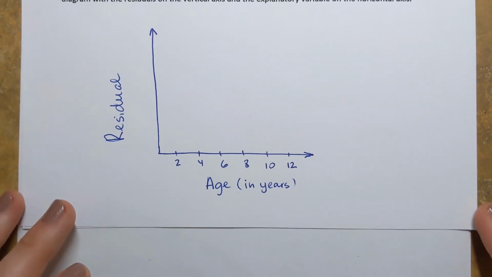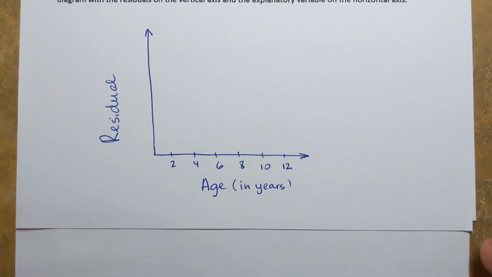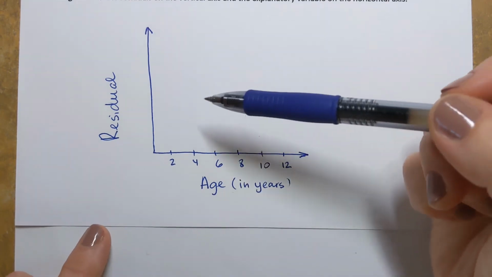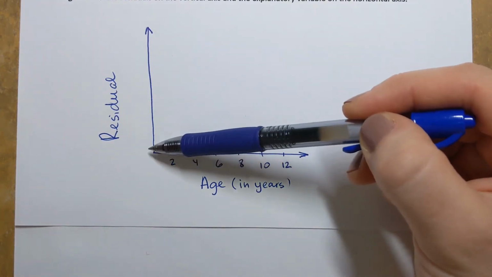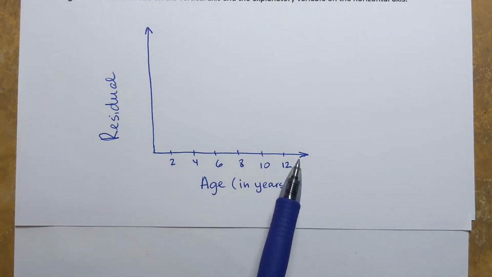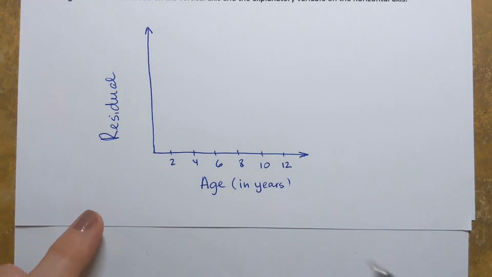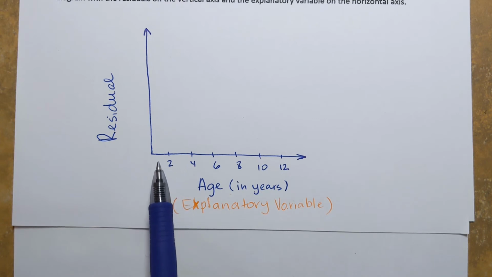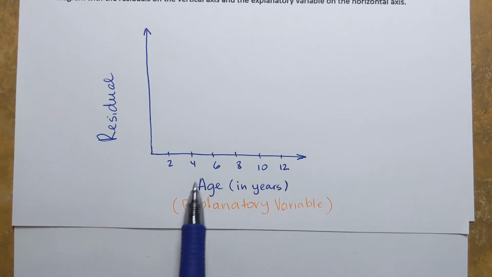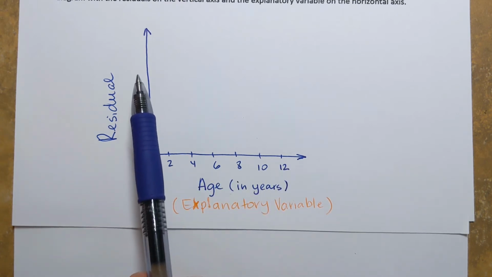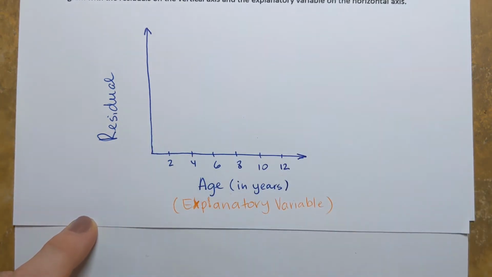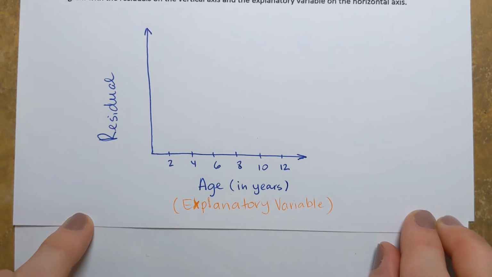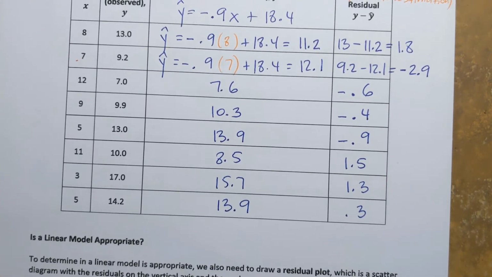A residual plot looks similar to a scatter diagram, but the difference is that the vertical axis on the residual plot corresponds to residuals. The horizontal axis still corresponds to the explanatory variable. I already labeled the horizontal axis, and now let's label the vertical axis together. Since the vertical axis corresponds to residuals, let's look at the values that we got for residuals. Here they are in the table.